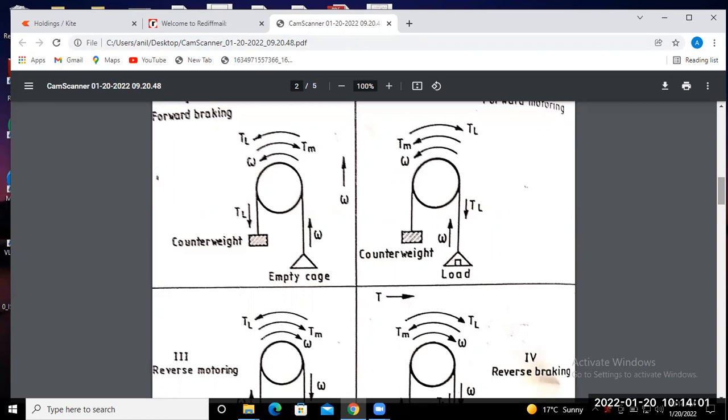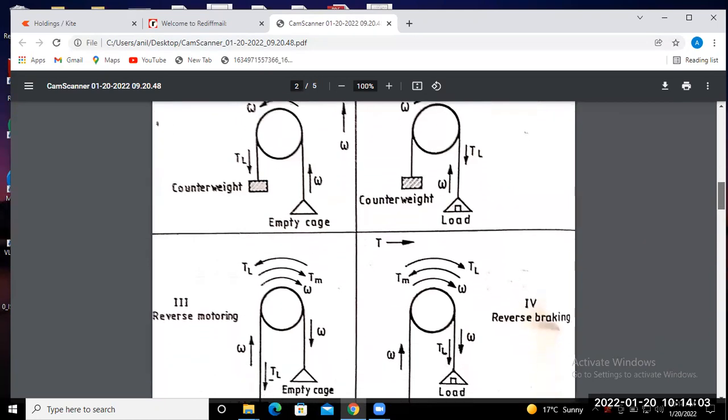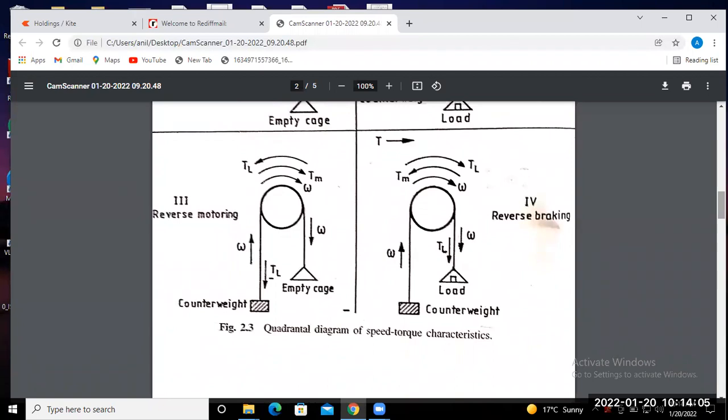So you may find here that the direction of electromagnetic torque and load torque act in opposite directions. But since this is the motor mode in the reverse direction, in the negative, the electromagnetic torque developed in the motor and the speed are in the reverse direction of the first quadrant.